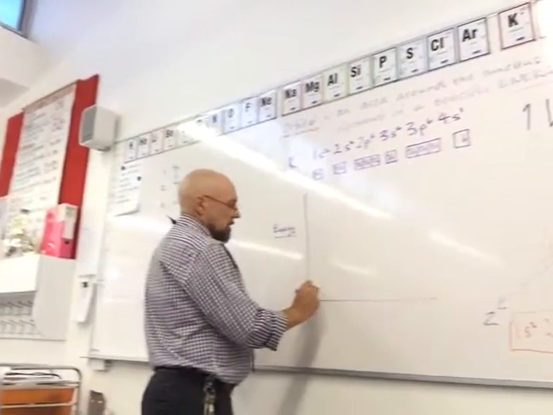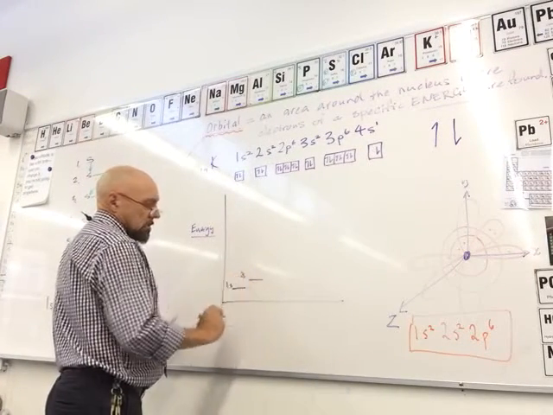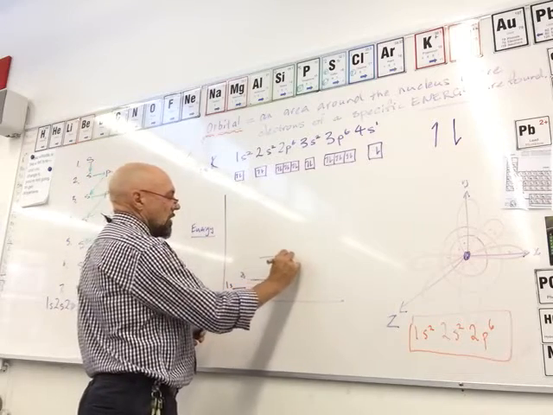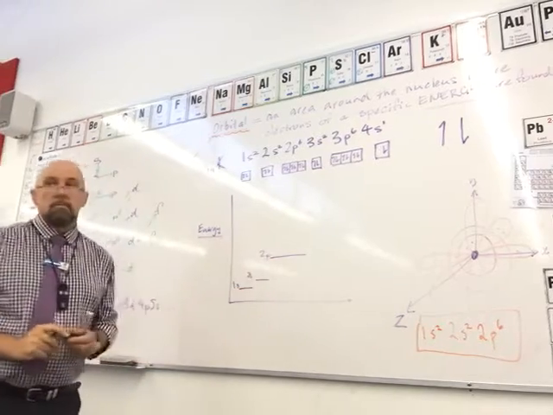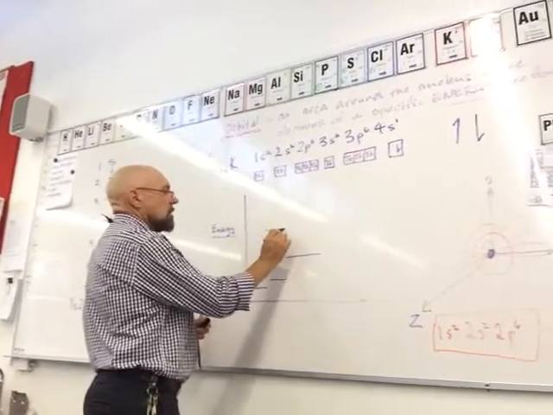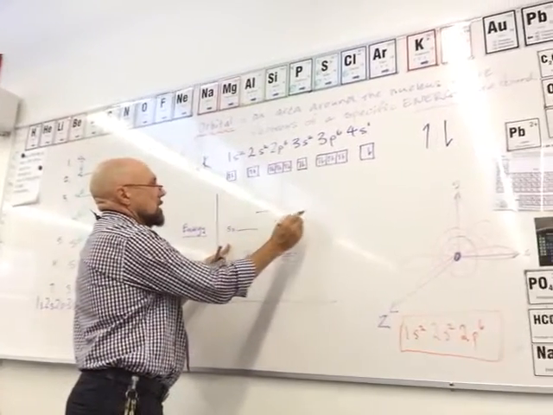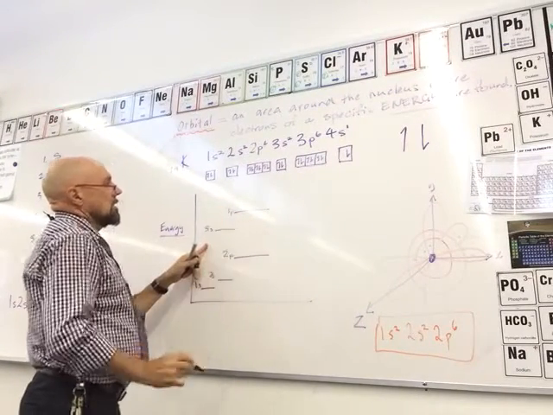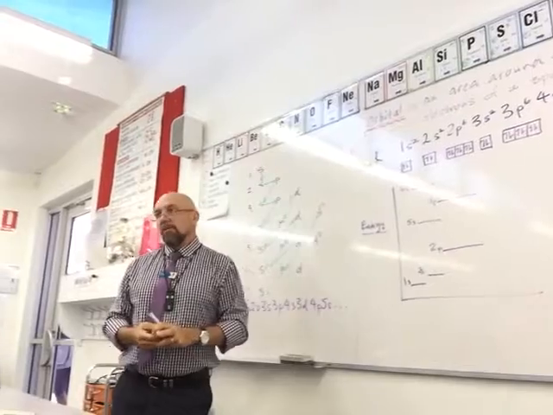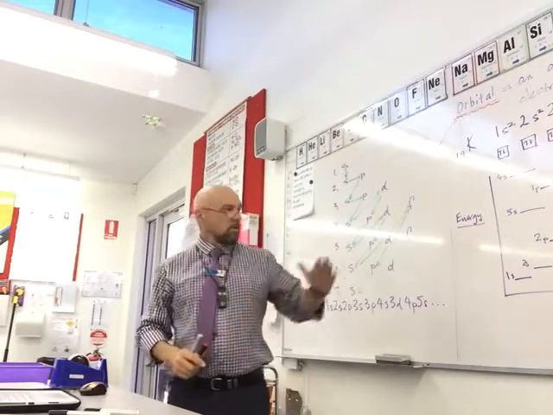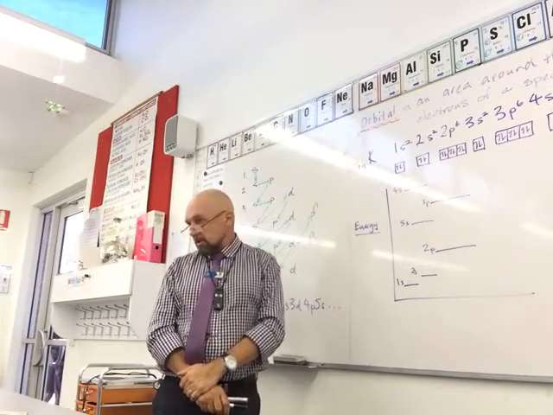For example, this might be the 1s orbital, this could be the 2s, and then up here somewhere we've got the 2p orbital. Then up here we've got the 3s, then the 3p orbital, and then up here somewhere the 4s. That's a very rough diagram, you'll see it in the textbook, but it shows the sequence of energy of orbitals from lowest to highest.